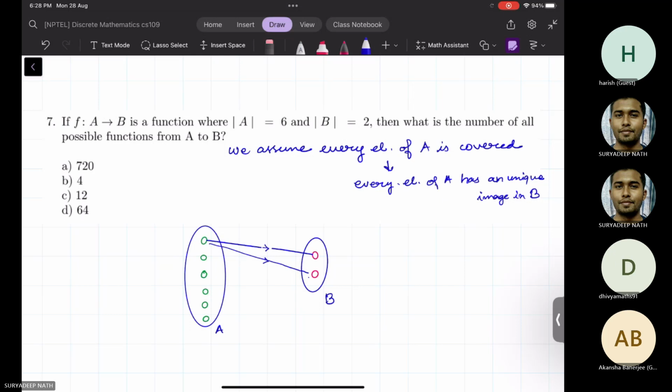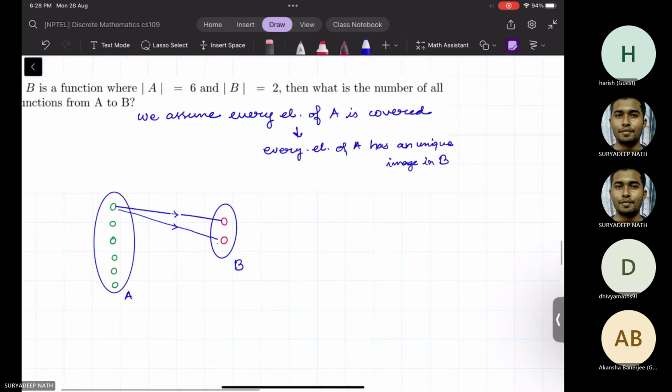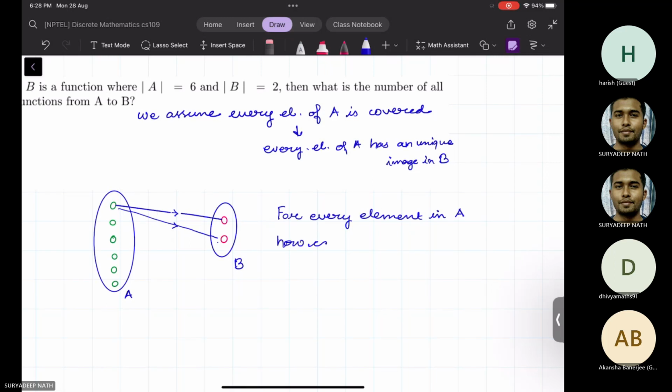It could be either of these. So in one type of function it is mapped to the first one, in another type it is mapped to the second one. So let me write it like this: for every element in A, how many mapping choices are there?